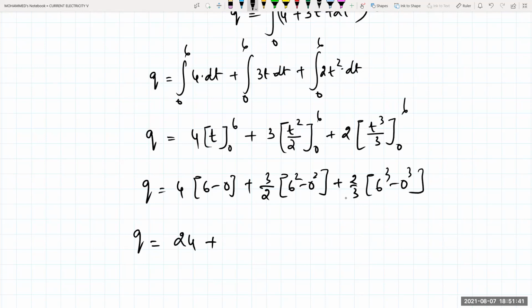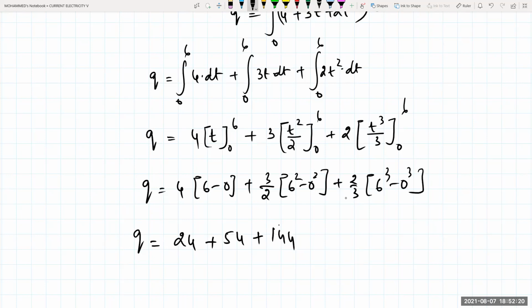24 plus 3 by 2 into 6 square: 6 sixes are 36, divided by 2 is 18, 18 into 3 is 54. Plus 2 by 3 into 6 cube: 6 into 6 into 6 is 216, divided by 3 is 72, and 72 into 2 is 144.